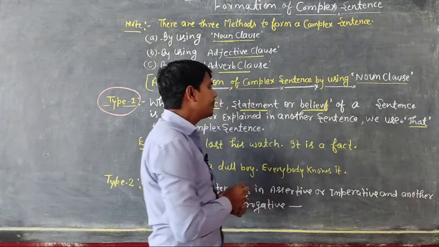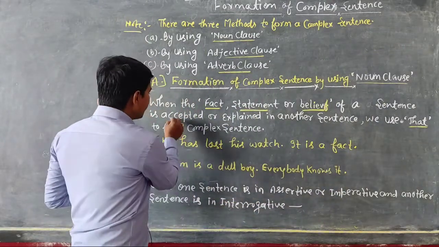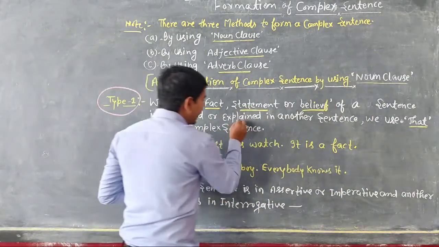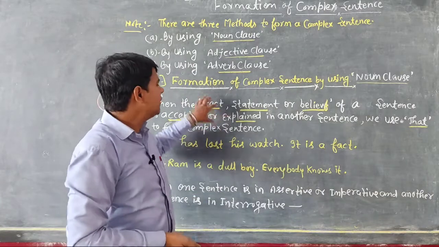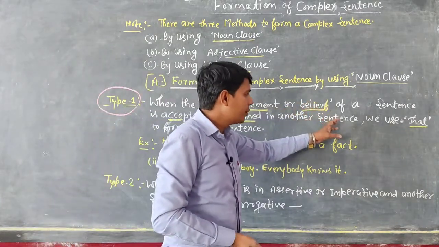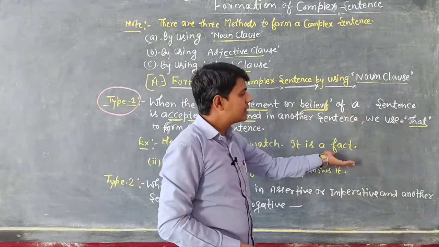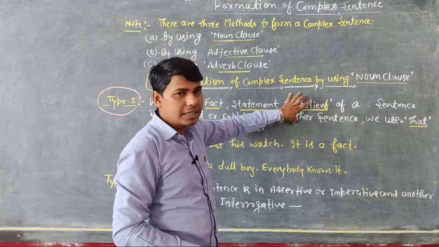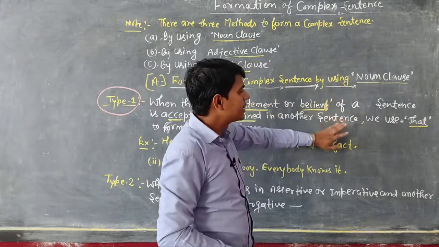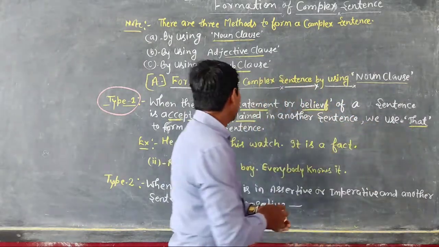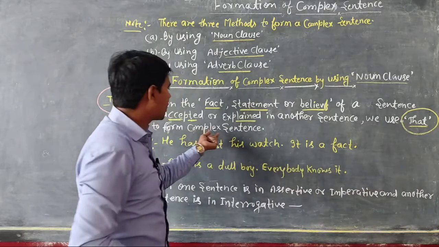When the fact, statement or belief of a sentence is accepted or explained in another sentence, then such types of sentences are joined into a complex sentence by using the conjunction that. So we use that to form a complex sentence.